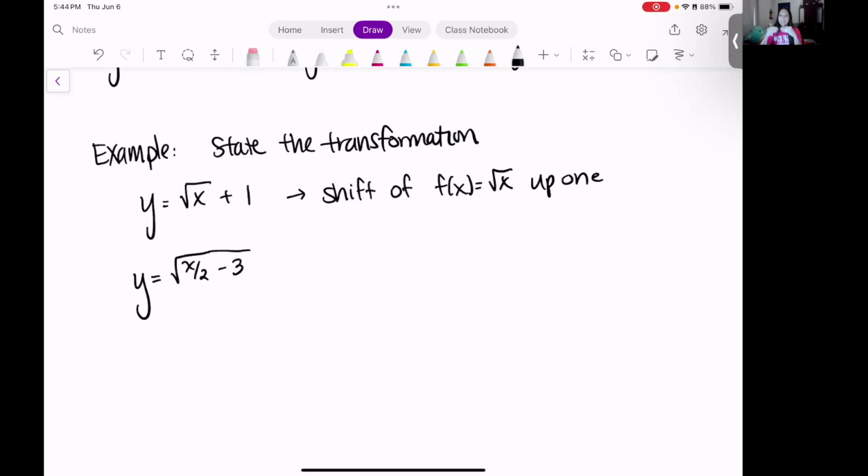I'm subtracting inside, which means I'm going to go left or right. And inside is a liar. So instead of going to the negative, I'm actually going to the positive 3. So this is shifting the square root of x 3 to the right. And then when I'm taking that inside, we're going to be stretching by a factor of 2.